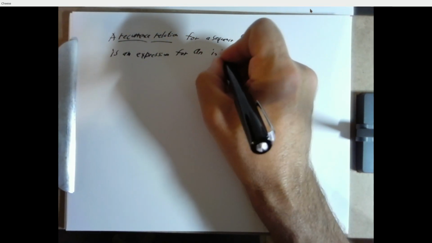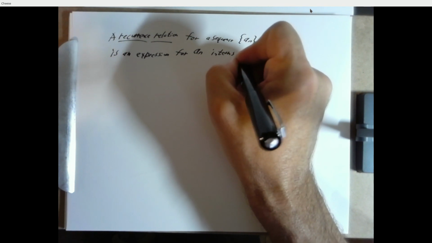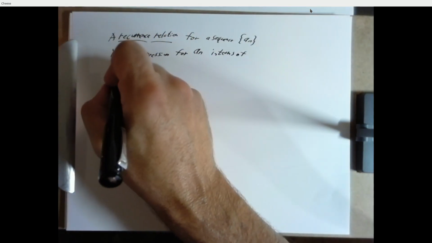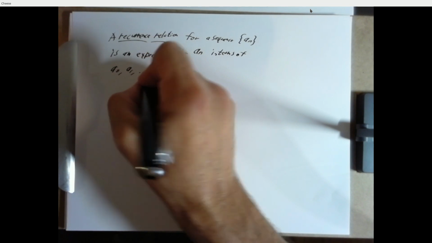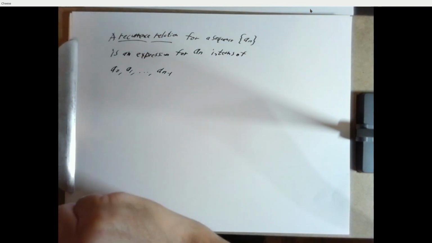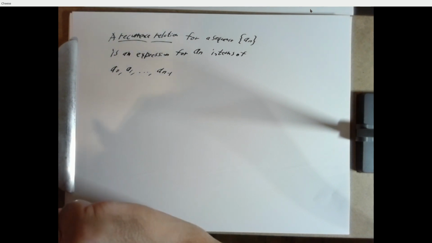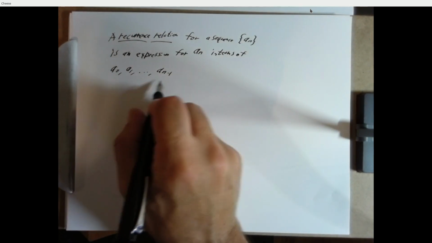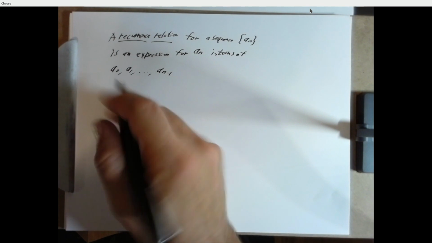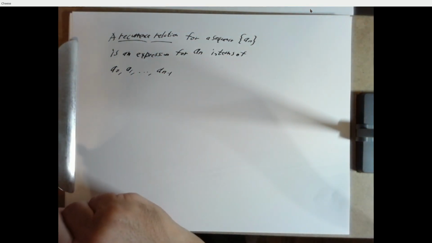in terms of, let's say, a0, a1, and so on up to a sub n minus 1. And it may not be that our expression contains all of these terms. We might multiply these terms by 0 and add them, but it's an expression comprised of some set of these earlier terms.